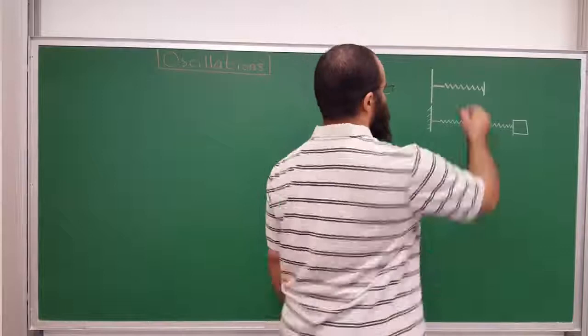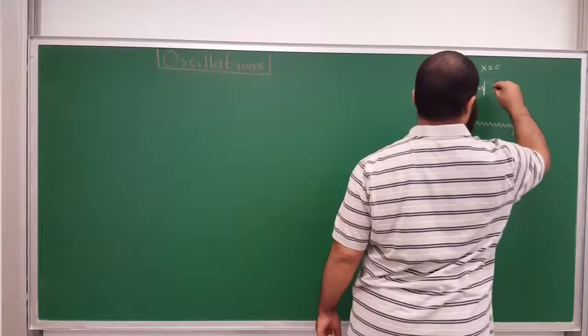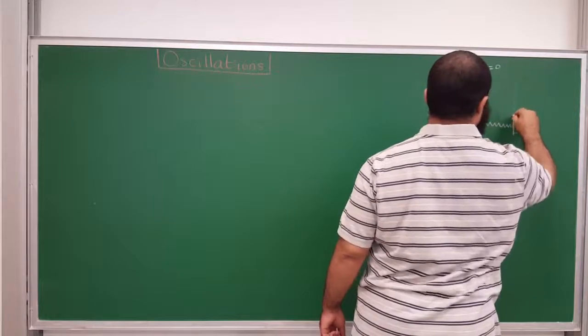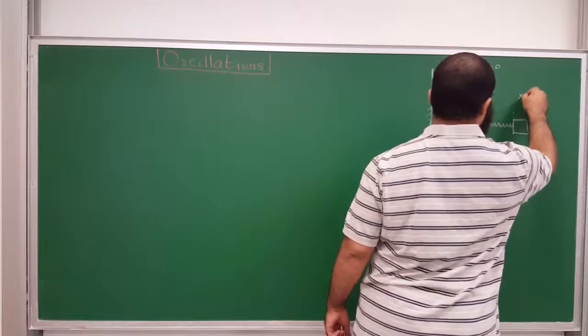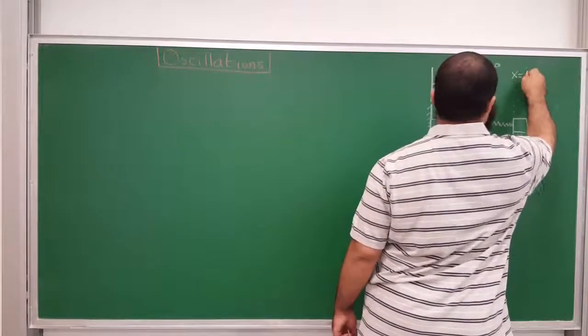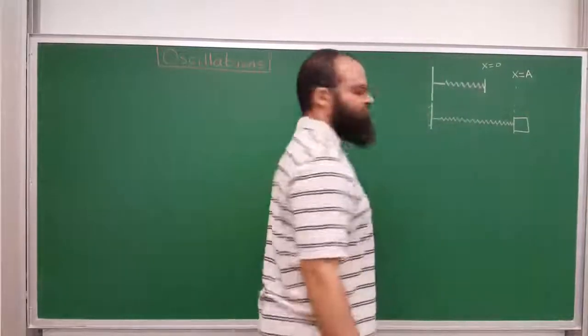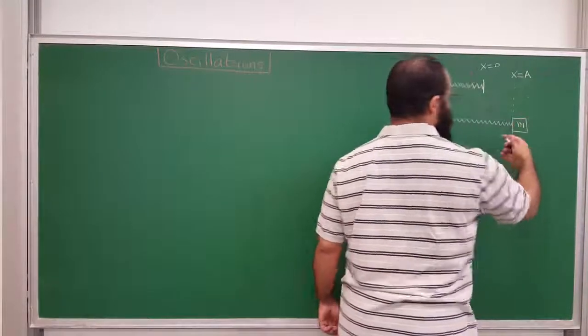Let me call this here x equal to 0, and here the maximum disturbance from equilibrium is the amplitude, x equal to A. Okay, maximum disturbance from equilibrium.